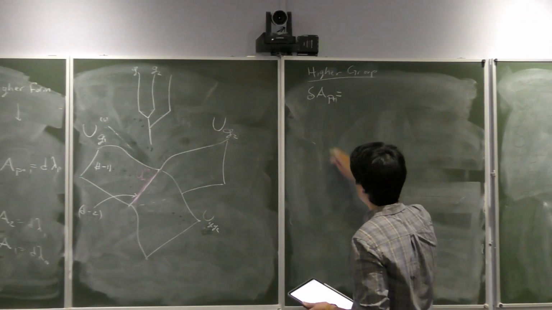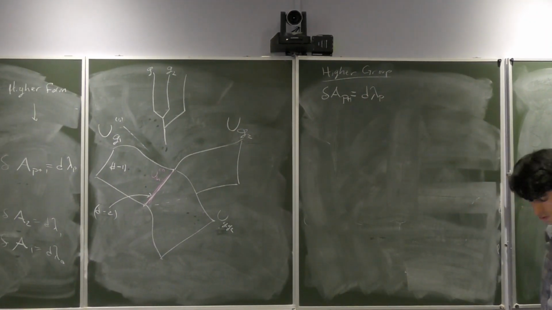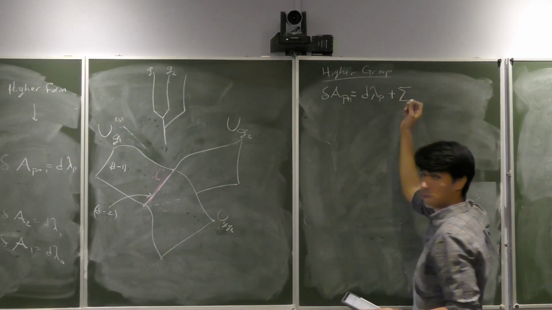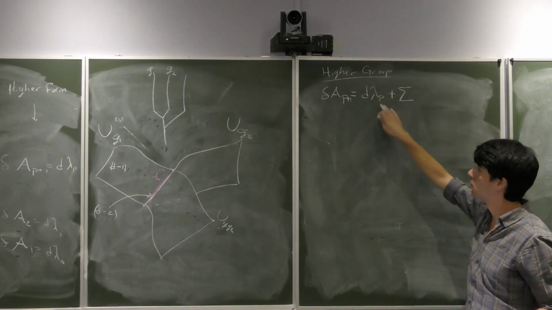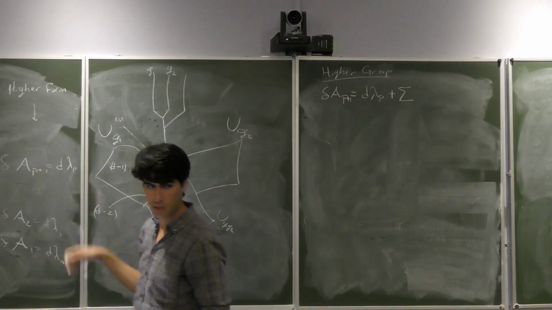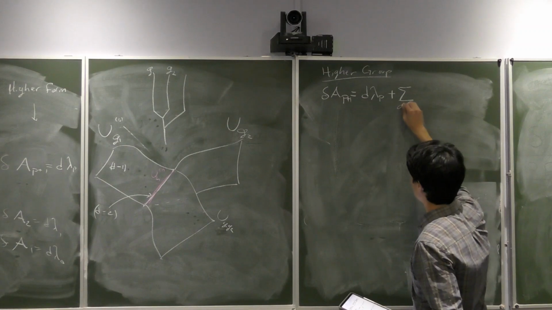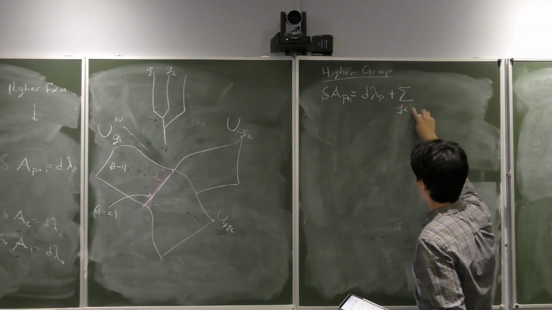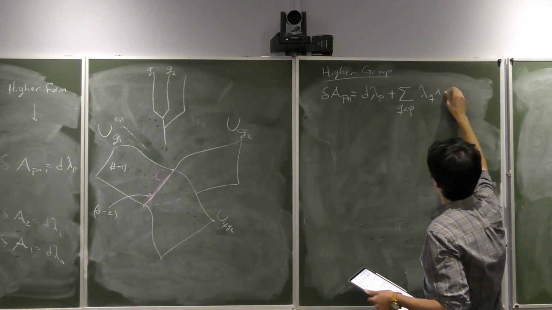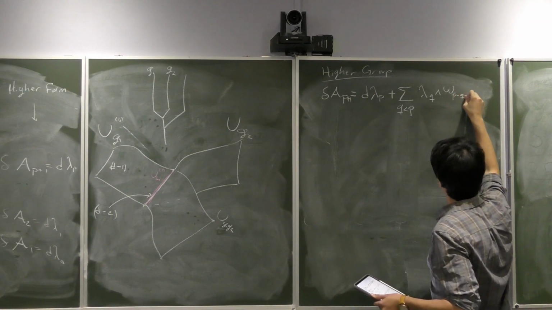So a higher group is you still have the same transformation, a sort of first order transformation, but then you have... this P is the degree of the form or the group? It's the degree of the group, or like the level we're at. So then you have a contribution from every lower level. We do something like lambda Q, with P minus Q.